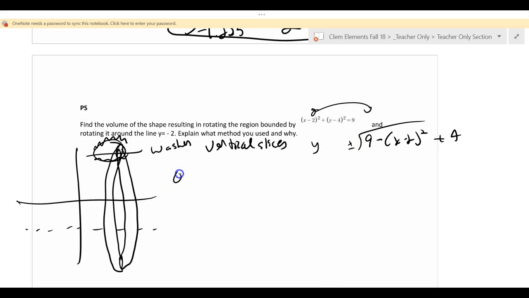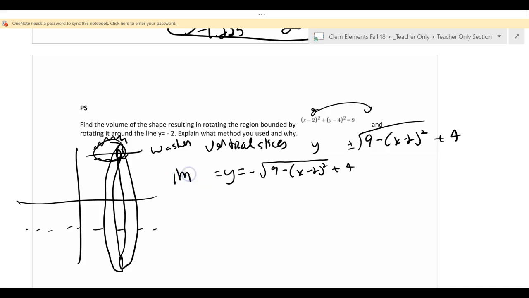So the outer will be y equals, I think it's going to be the negative one. I'll check in a second here. Square root of 9 minus x minus 2 squared plus 4. So if I graph that, no, that's the inner one.